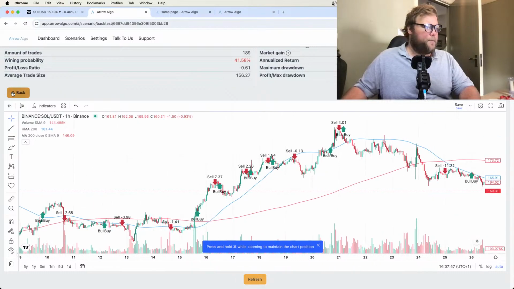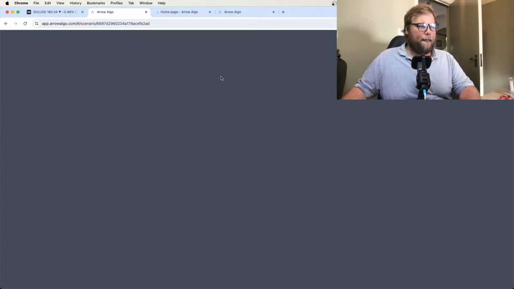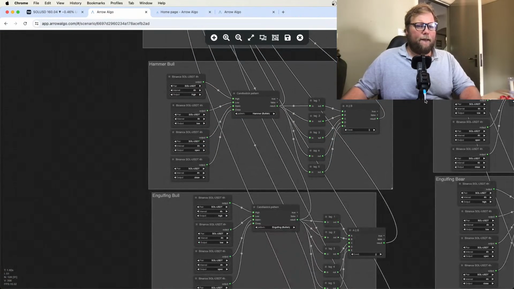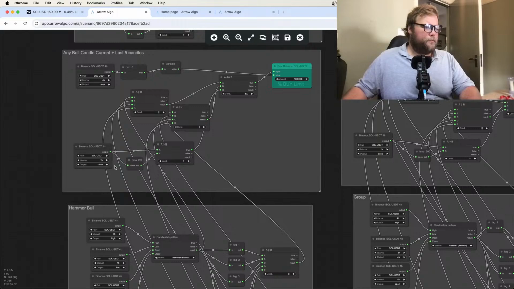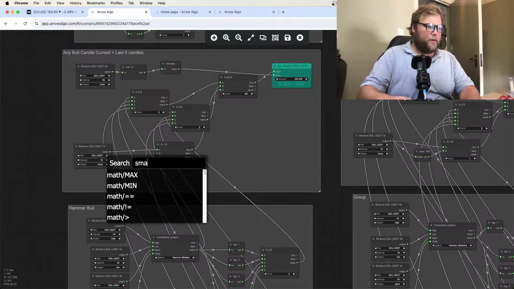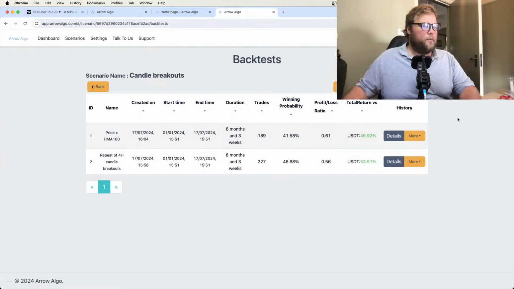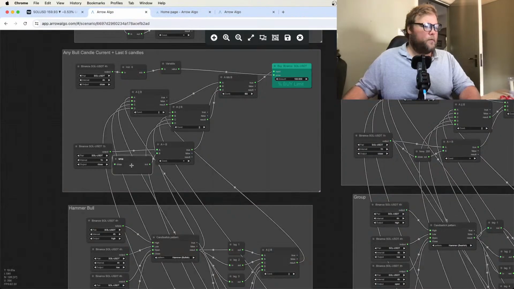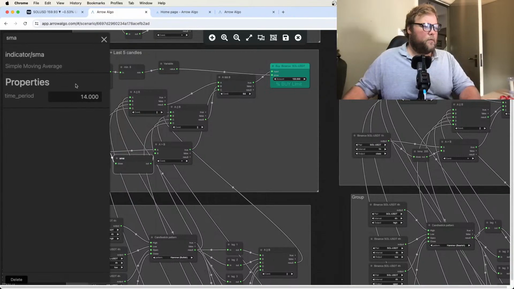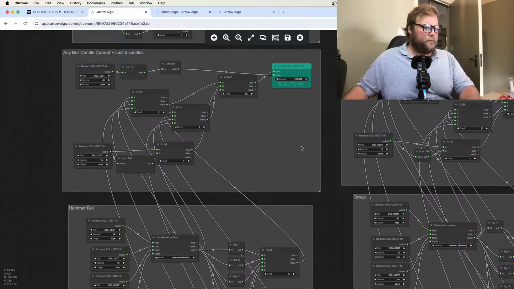So let's try that. We're going to swap out that HMA for a simple moving average. And again, we're looking for long dated.